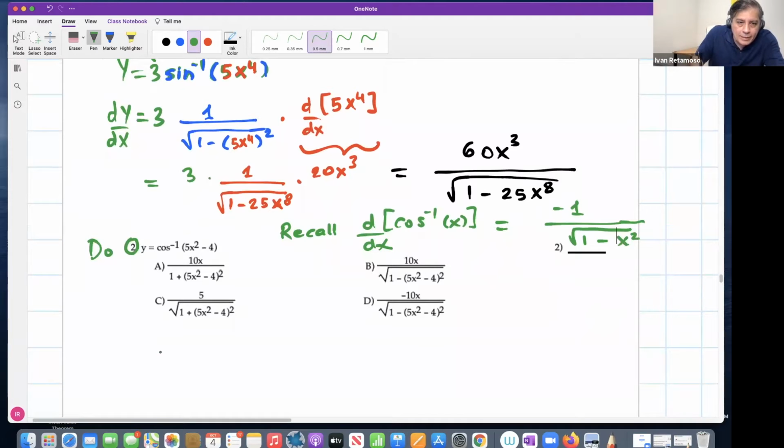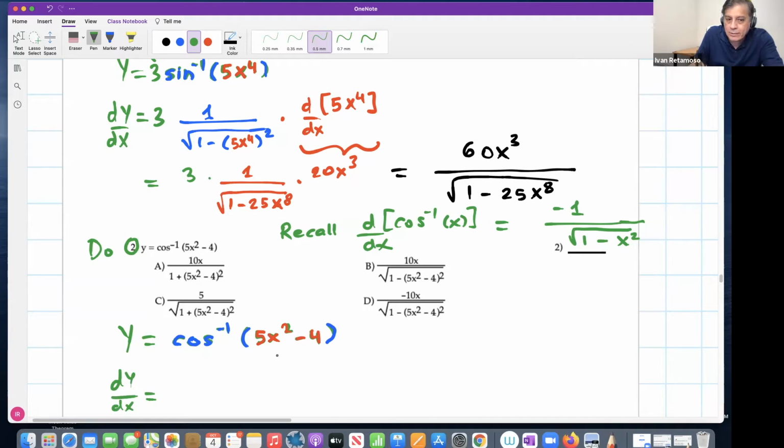First, write out y equal cosine inverse of 5x squared minus 4, and clearly identify your outside function. In this case, this is the cosine inverse function, and your inside function, which is this 5x squared minus 4, right? Now the derivative of y with respect to x will be the derivative of the outside function according to the chain rule.